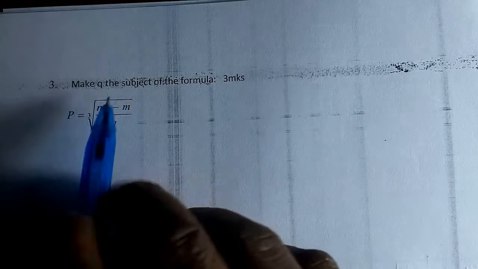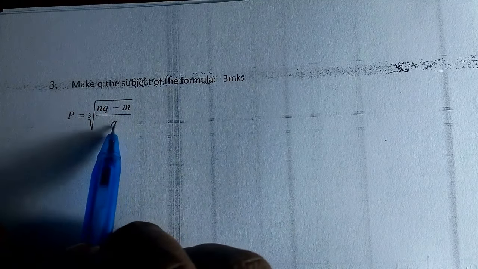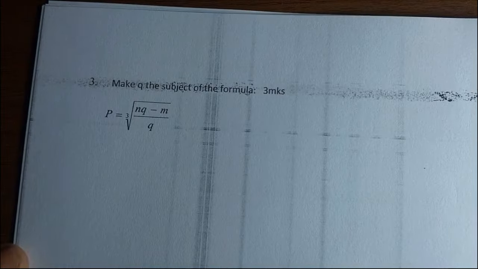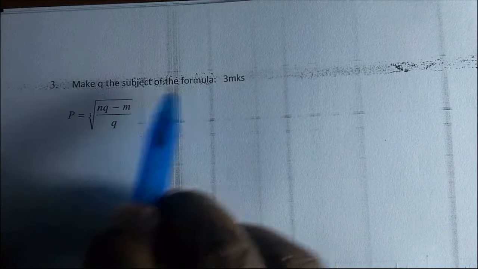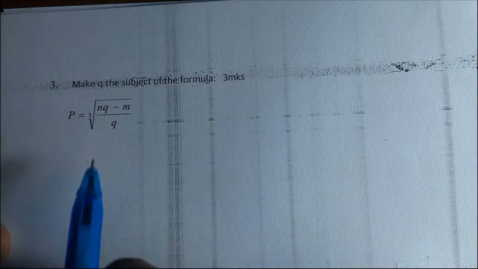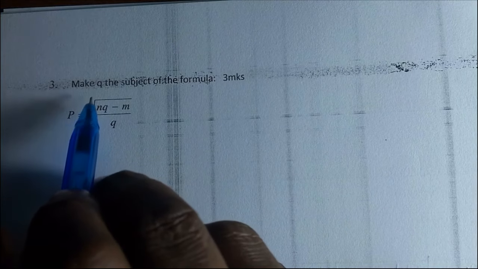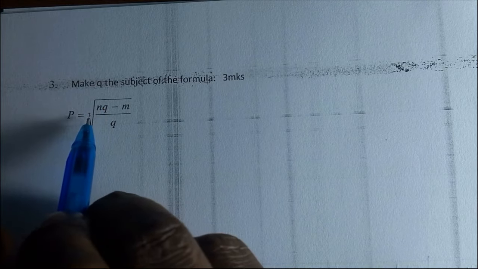Make Q the subject of the formula. Whenever you have a square root or a cube root like this, the first thing you do is to remove that cube root or fourth root, whichever it is.